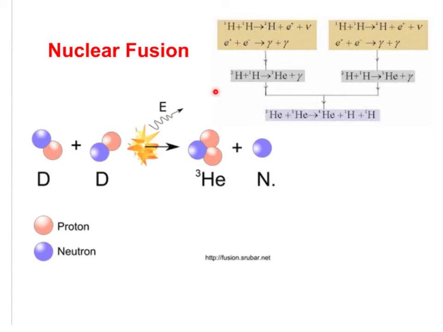Right now, 2 types of processes are being looked at in order to try to achieve those extremely high temperatures. High-powered lasers are one, heating by electric currents is another, and so maybe one of you will look into nuclear chemistry in your life and overcome this interesting problem that we're facing.